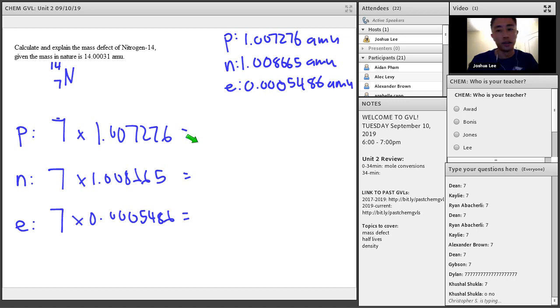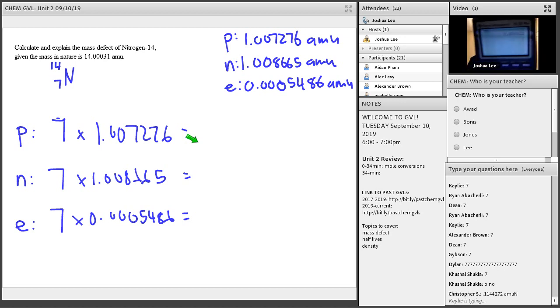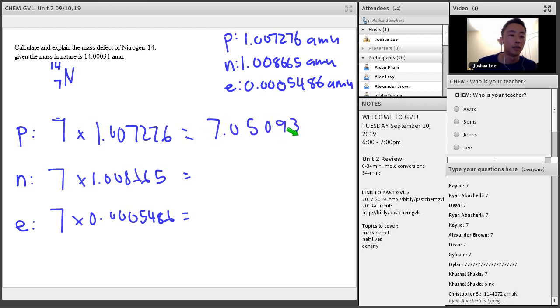And for me, on this calculator, I actually stored all those values. So I just have to do 7A, 7B, 7C. Then we got 7.0509327, 7.060655, 0.0038402.